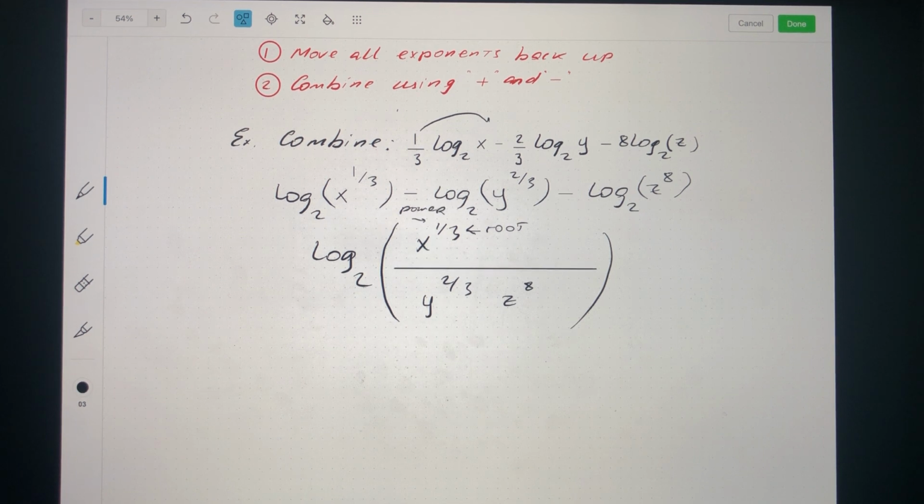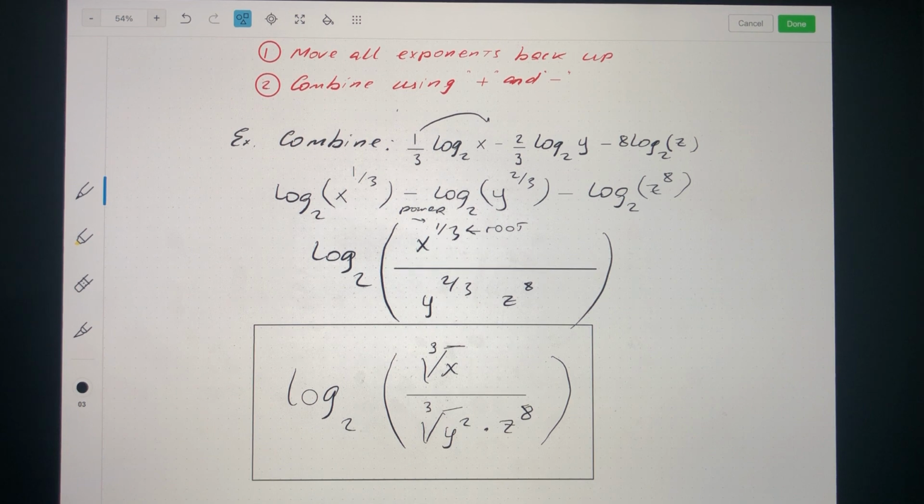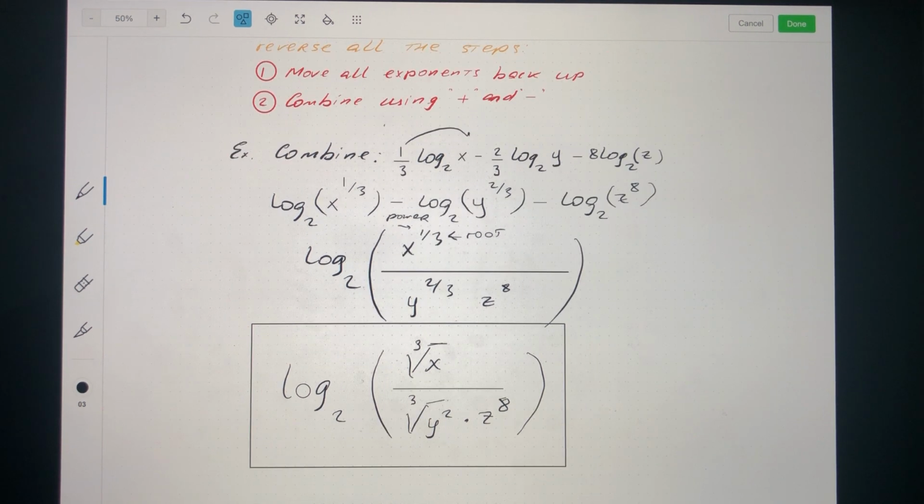So we can rewrite it as log base 2 of the cube root of x to the 1 divided by the cube root of y to the 2 times z to the 8. And that is most often the form that is expected on the homework and on the test.